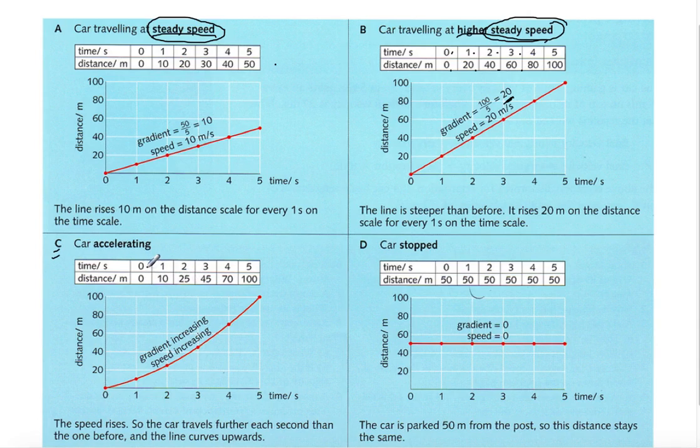Here time is 0, distance is 0, time is 1, distance is 10. If speed is constant, when we come to time 2, distance must be 20, but as you see, it is 25, so the car is accelerating. It means it moves with increasing speed.